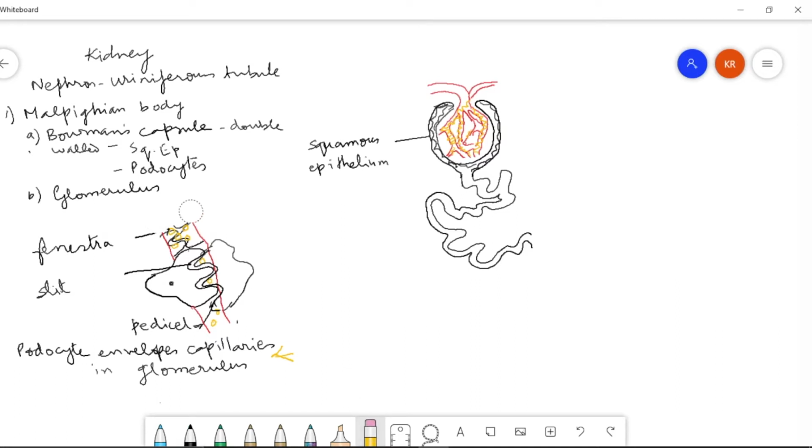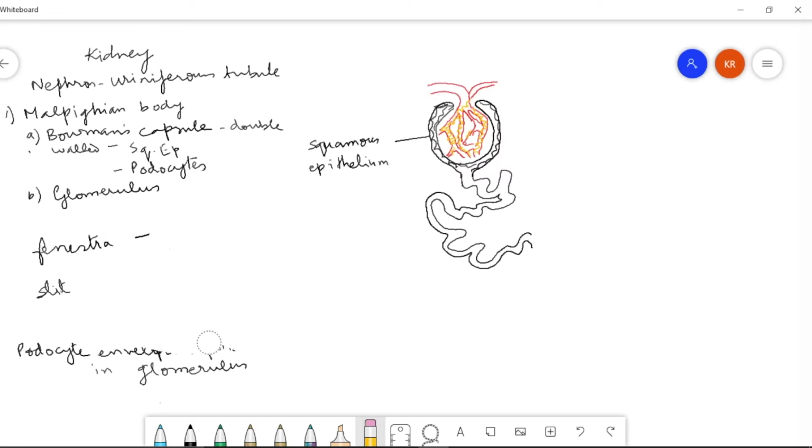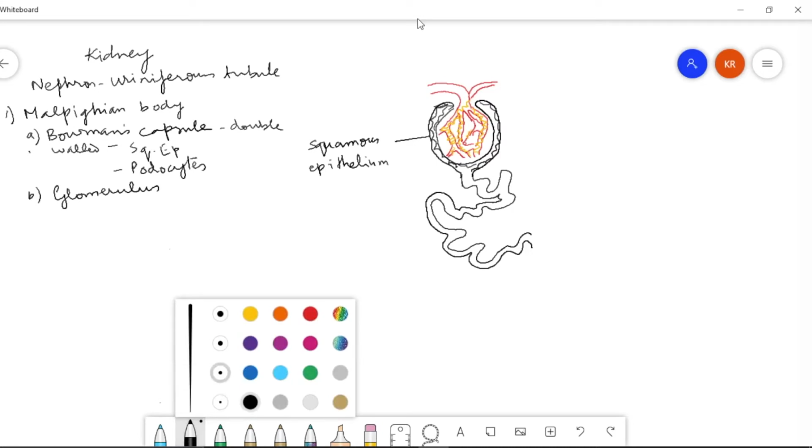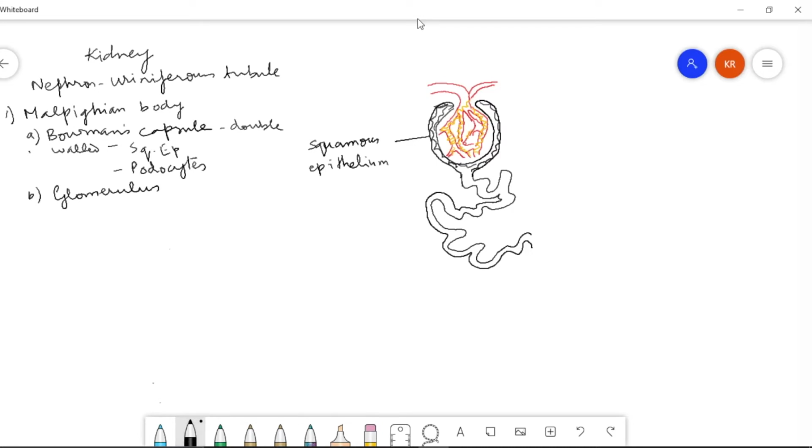Let me erase this part away. So the first part was the Malpighian tubule.